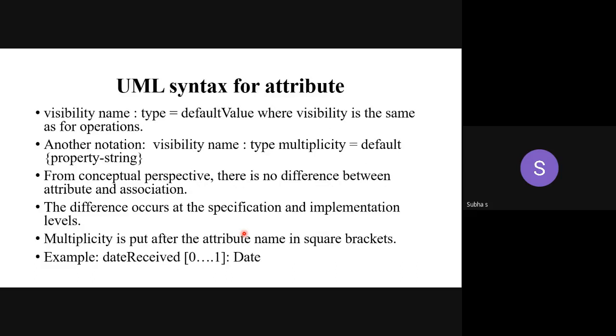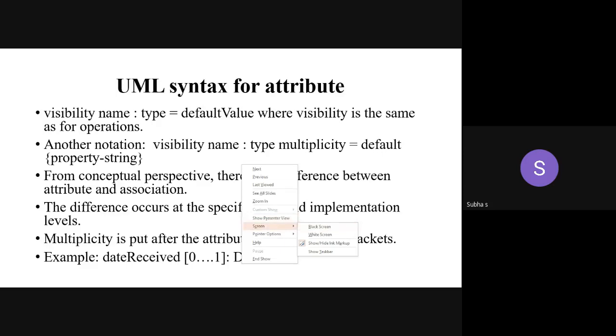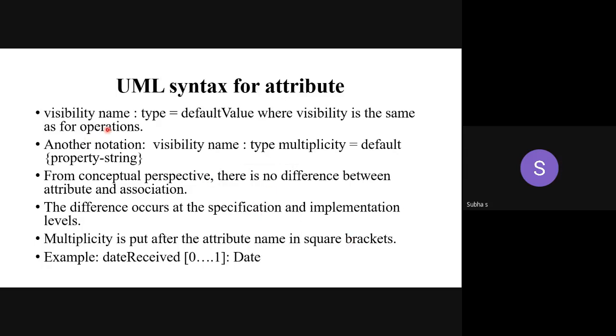Next, we move on to syntax. We can mention it either as the first one or as the second one. Both are the same only. So how to write the attribute. These are the syntax for attributes: visibility, name, colon, type, equal to default value.